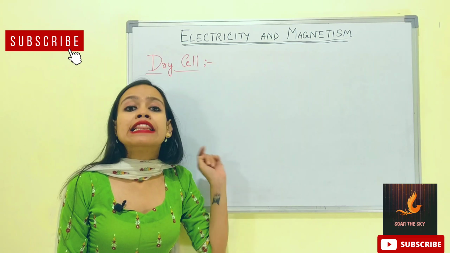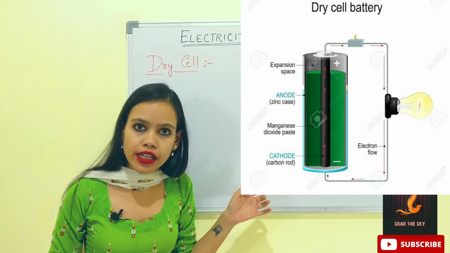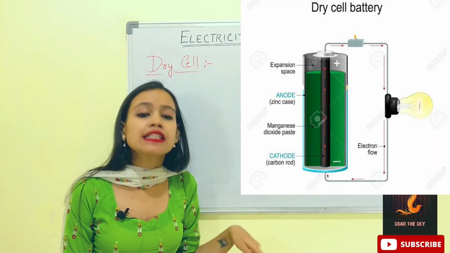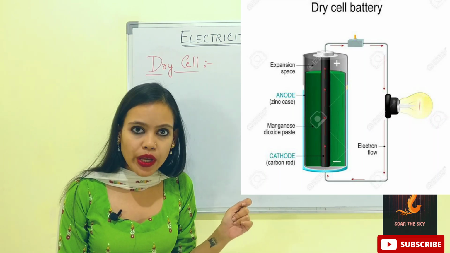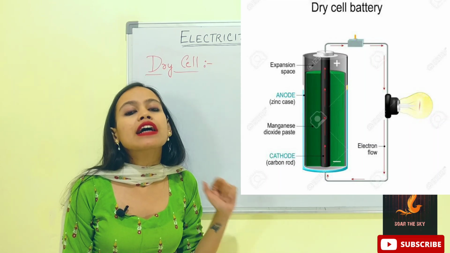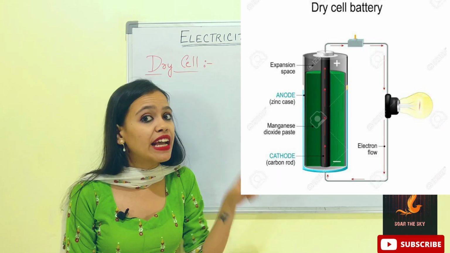Now, when this particular dry cell is connected to any circuit or to a bulb, current starts flowing from the anode to the cathode. Why? Because current always flows from the positive terminal to the negative terminal.